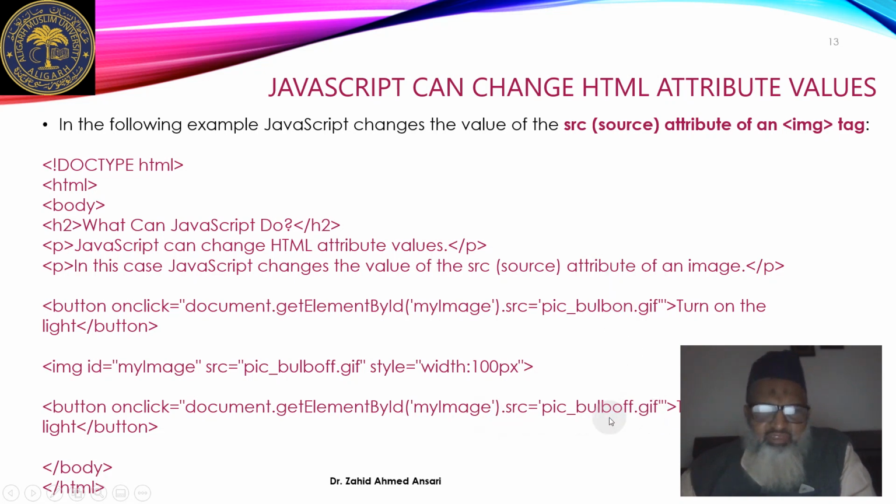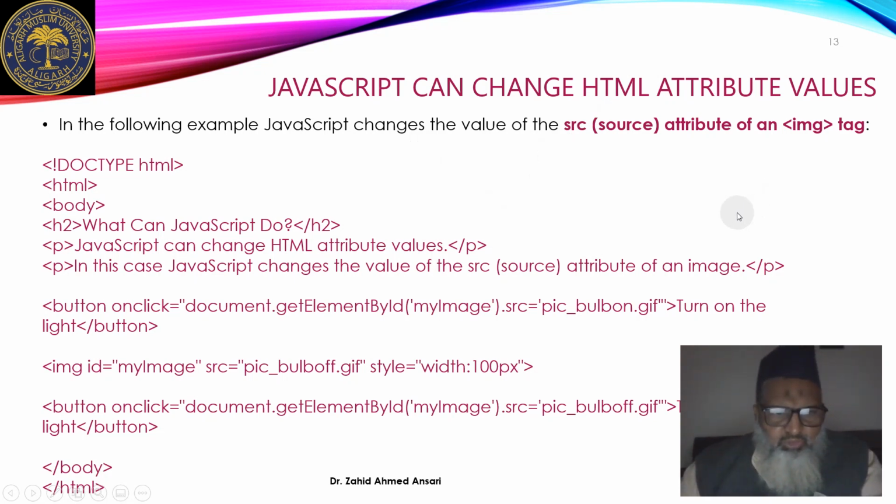Are you getting it? The button which turns the bulb on, we write turn on the light, and the button which displays the bulb off, we write turn off the light. I think I have shown you this earlier also.